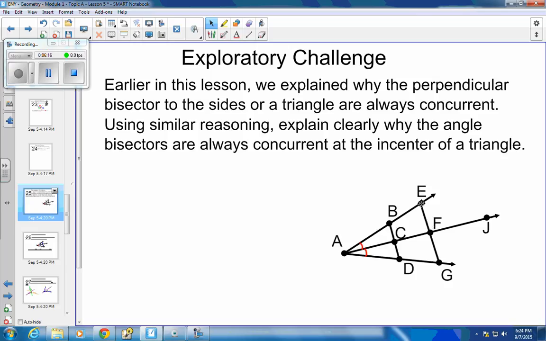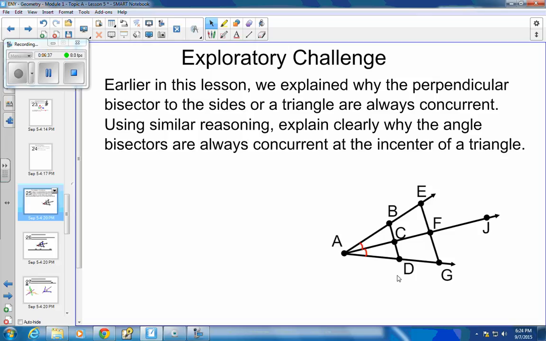And we knew that since EFG was a straight line, and EFJ and JFG had to be the same angle, that each one of these angles was 90 degrees. So now we know that EF is congruent to FG, and that EFJ has to be 90 degrees.